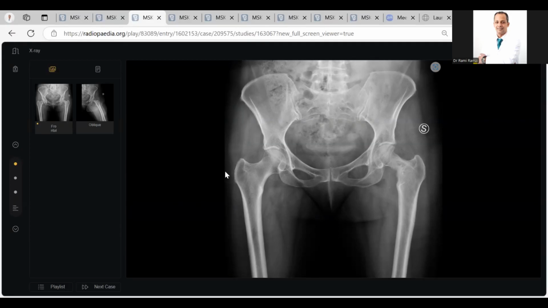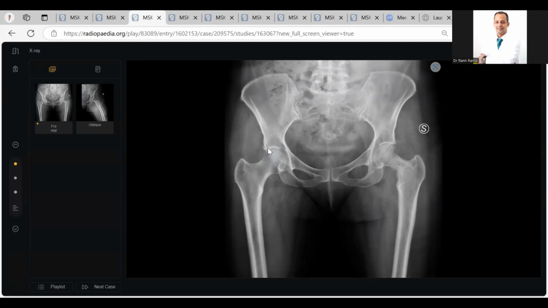X-ray of the pelvis, AP projection of a 70-year-old patient with chronic left hip pain. Here I can appreciate the abnormal angulation of the femoral neck. Also, I can appreciate there is some narrowing or a reduction in the size of the femoral neck. What is the name of this sign?